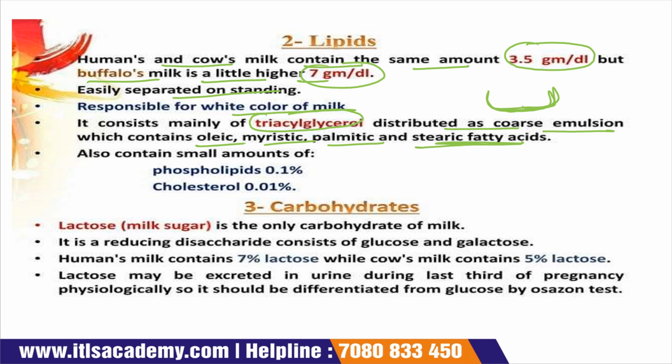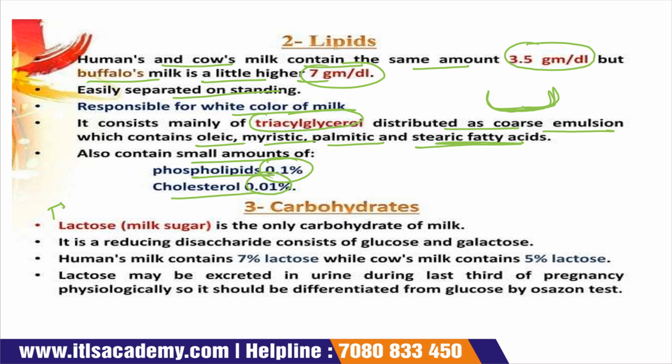It also contains a small amount of phospholipid, that is 0.4%, and cholesterol around 0.01%. Okay, now the next one is your carbohydrate. So if we talk about the carbohydrate, then lactose is the only carbohydrate which is present in milk. And this lactose can be digested by the lactase enzyme also.